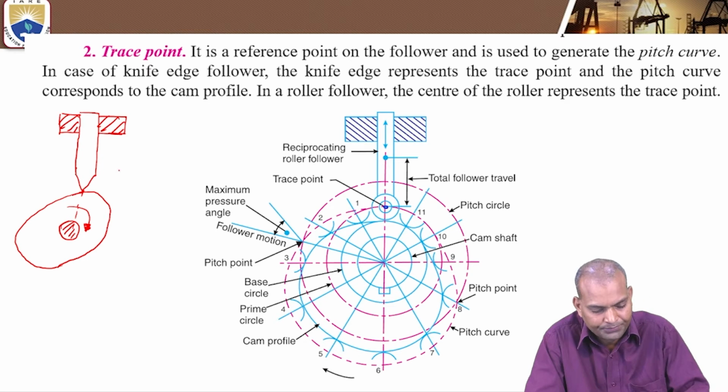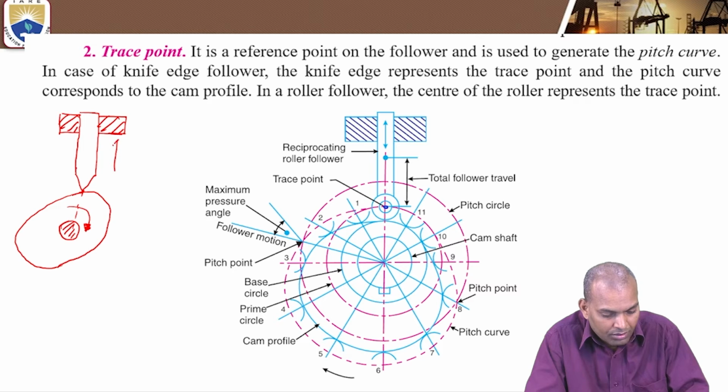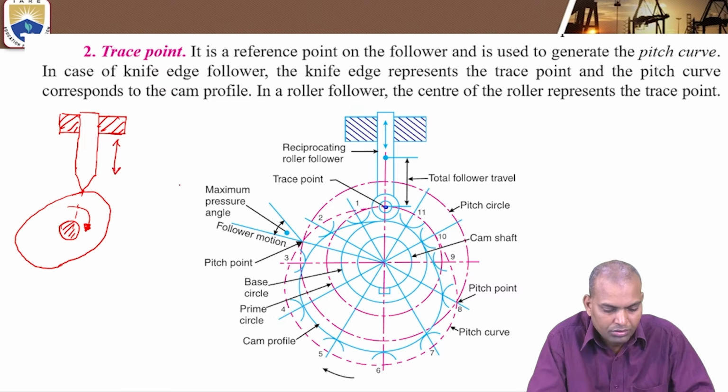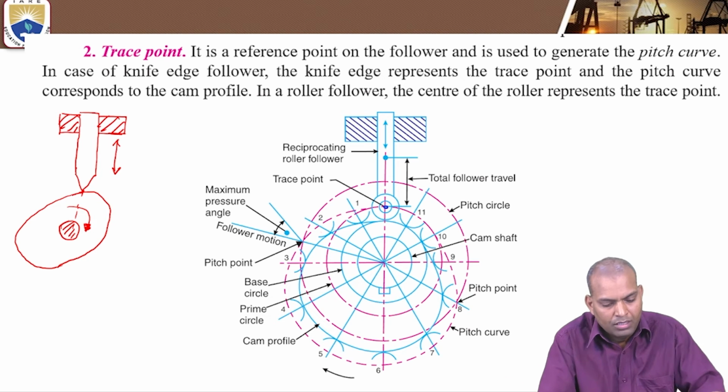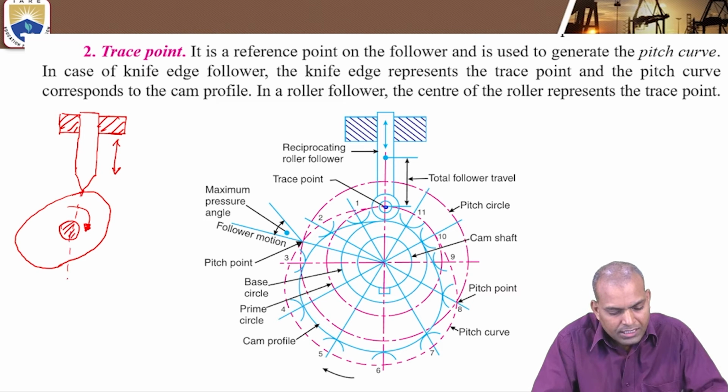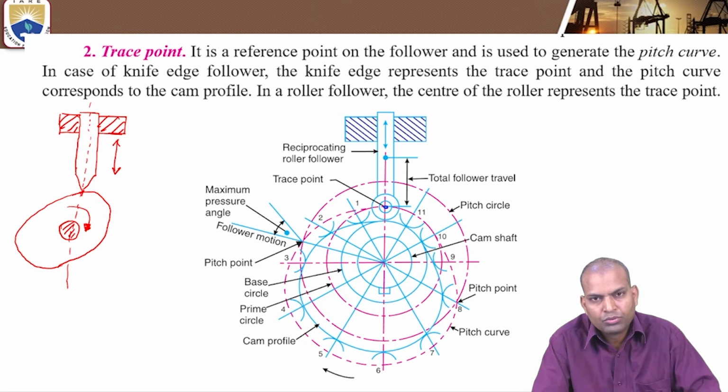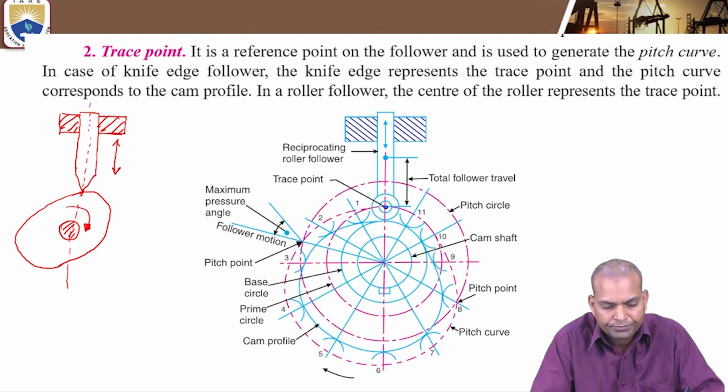So what will happen? The follower moves in reciprocating motion, up and down. The axis of the follower is passing through the axis of the camshaft.